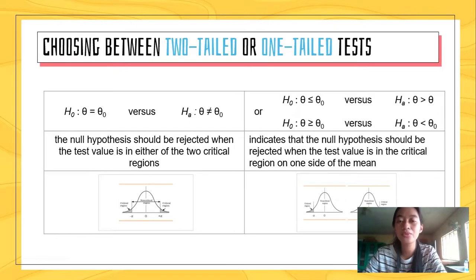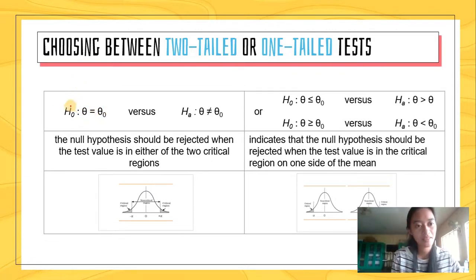So first, review. Choosing between two-tailed or one-tailed tests. I had questions from some of you asking, what are these two-tailed and one-tailed tests? It is a matter of what you want to prove. For this column, observe how the null hypothesis, H sub 0, says that a unit is equal to another one.